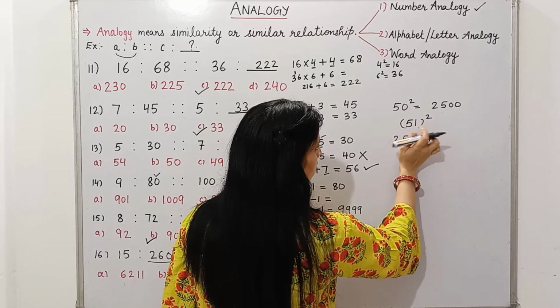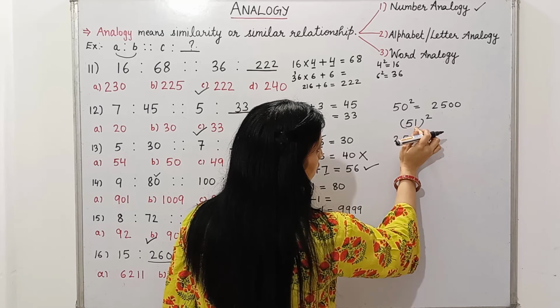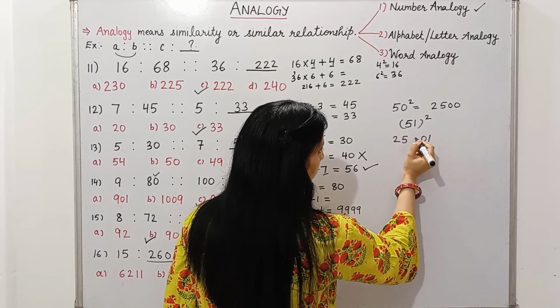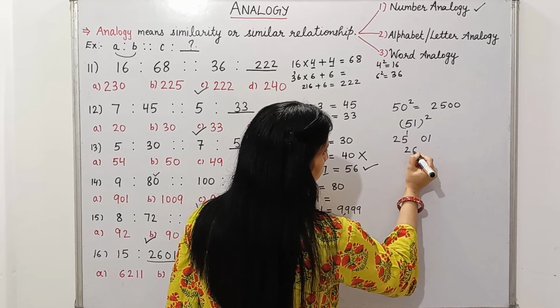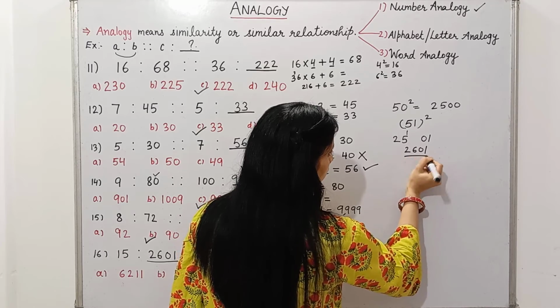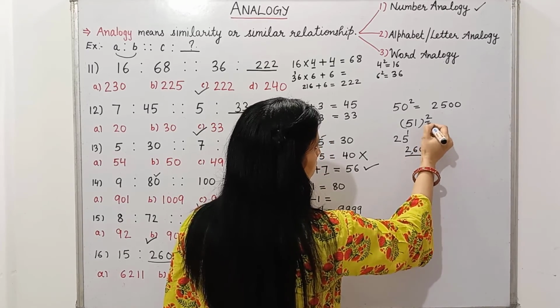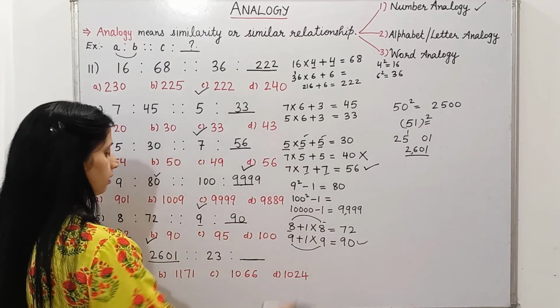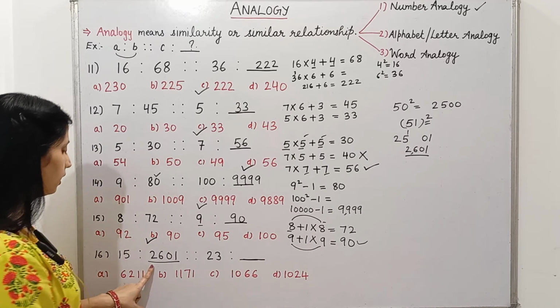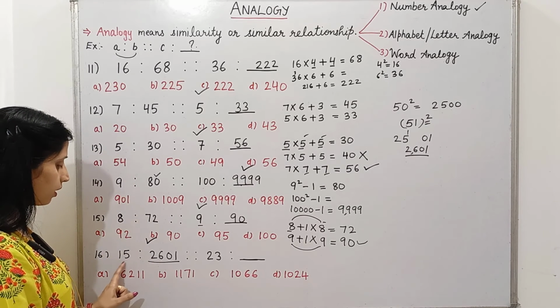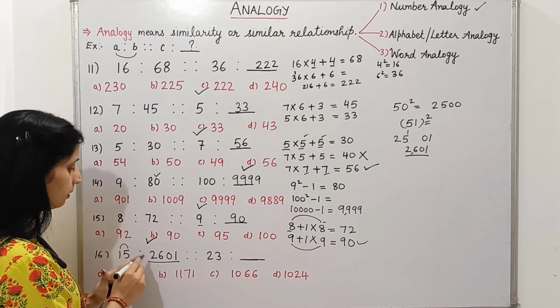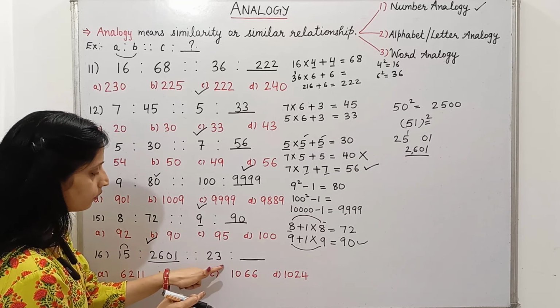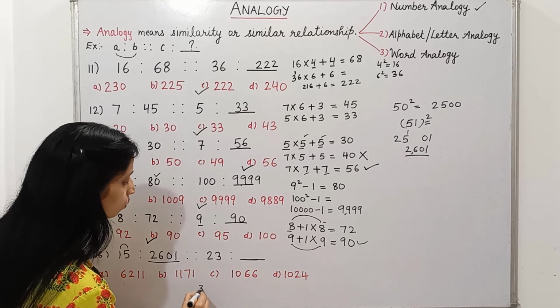Okay. Now we multiply these. 5 times 5 is 25, 5 times 1 is 5, 5 times 5 is 25, and adding up we get 2601. It is the square of 51. Okay. So how can we get 51 here? If we reverse the digits of 15, we get 51. So similarly, if we reverse 23, we get 32.